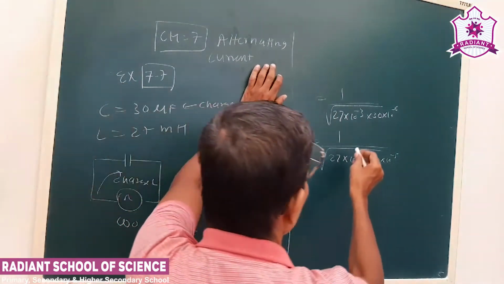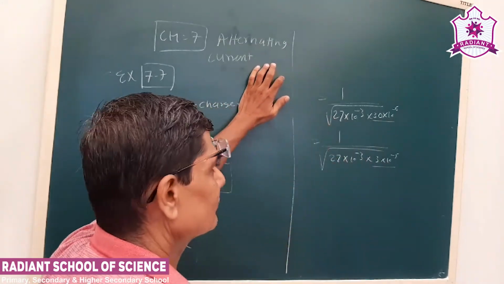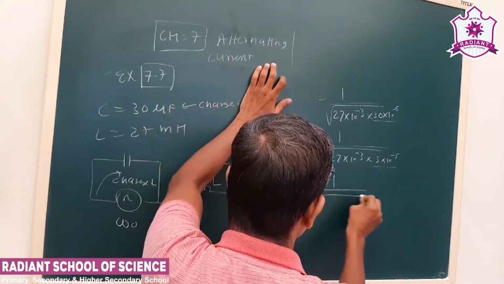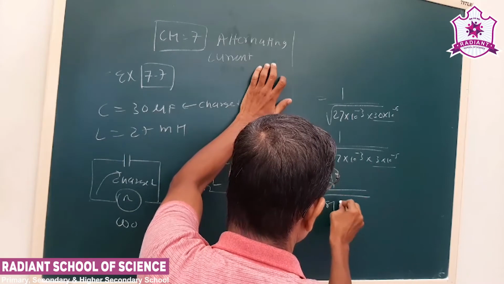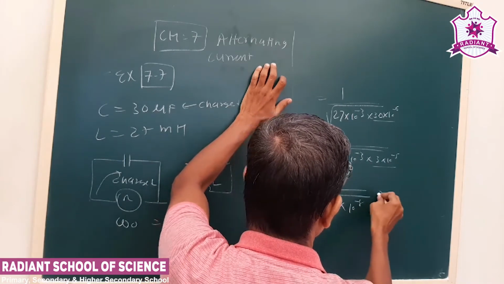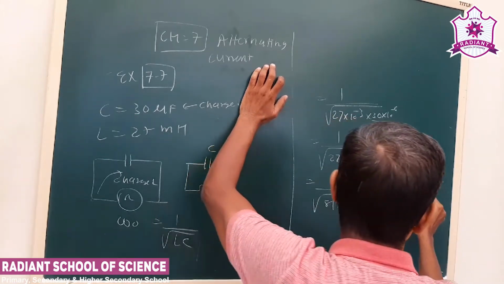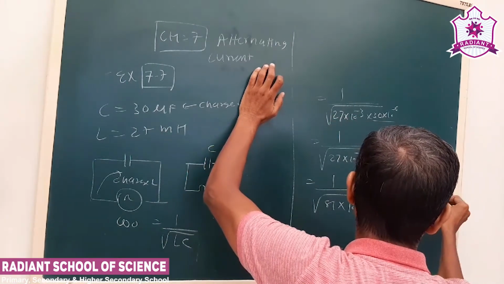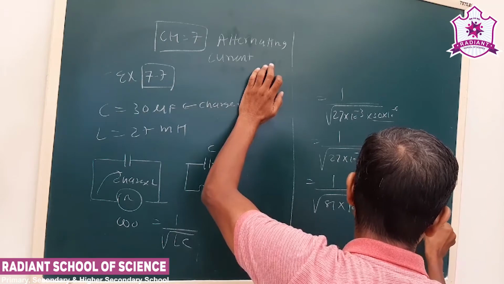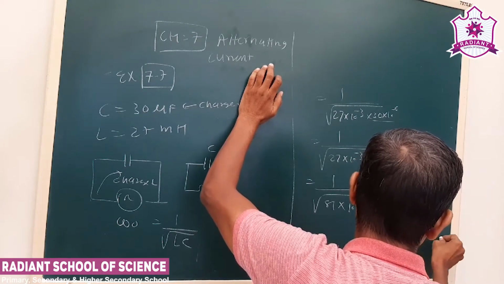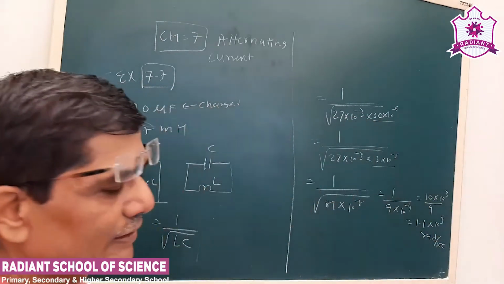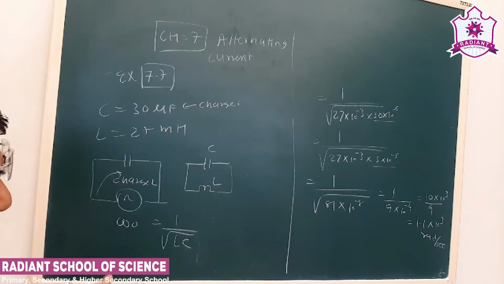Now 27 into 3 is 81, so the root is 9. This is how we can solve easily. So here is a case of LC oscillation where we have to find out the angular frequency.